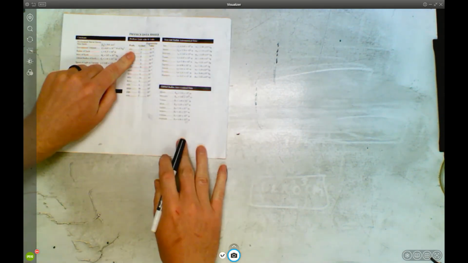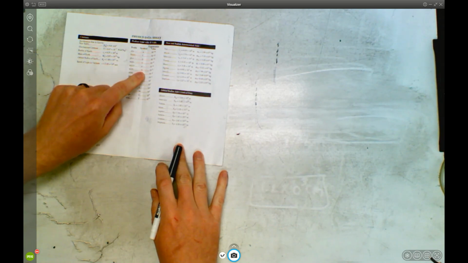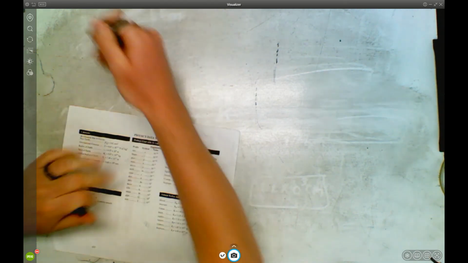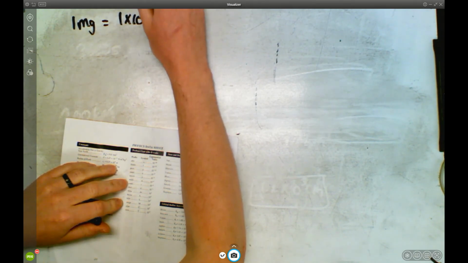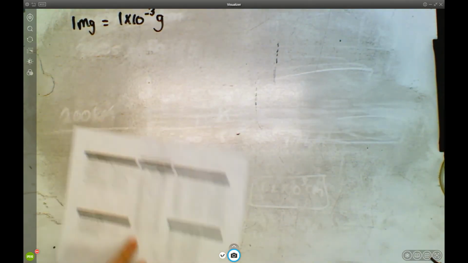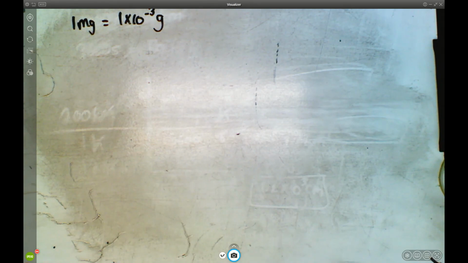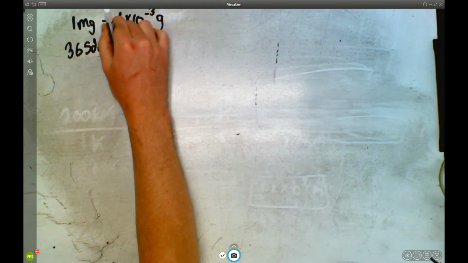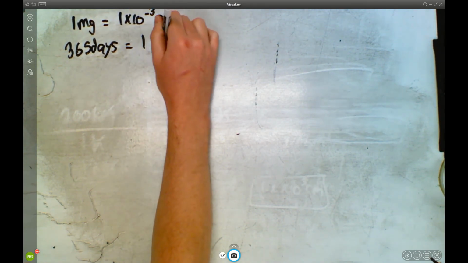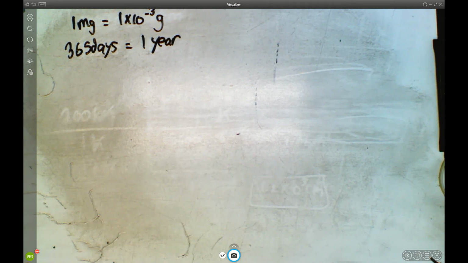If I look that up here, I would see that 1 milligram is equal to 1 times 10 to the negative 3 grams. And then I also need a conversion for days in the year. I know that there's 365 days in 1 year. Don't worry about the 0.25 unless it's given. Just use 365. Now we're ready to go.